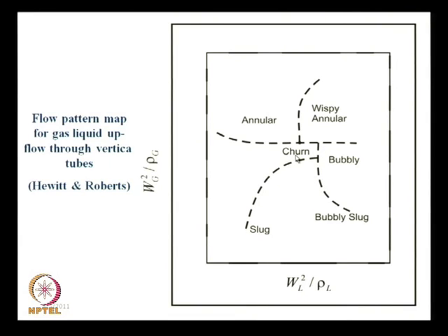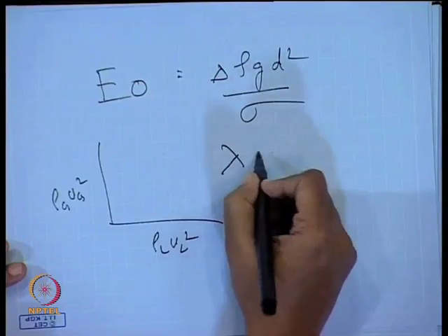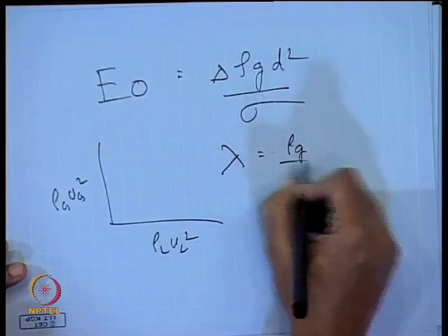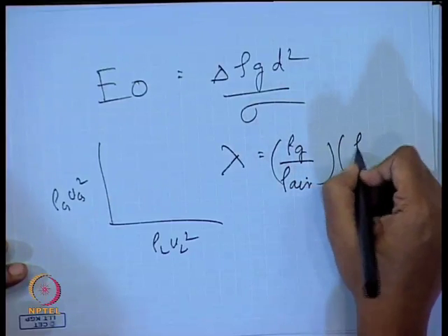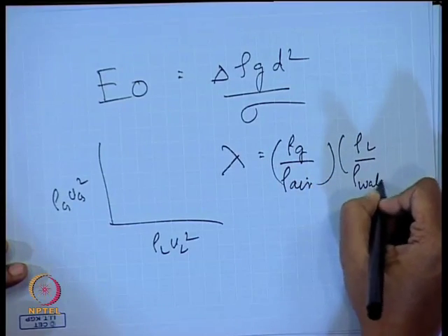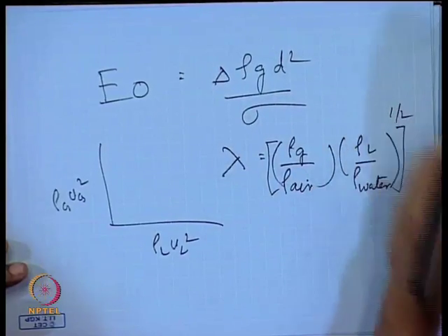That is why these curves are shown as dotted lines. Similarly, for the horizontal flow cases, the map given by Baker uses W g by lambda, W L psi etc., where lambda and psi are just ratios of properties. Lambda is given as rho g by rho air, you will get it in any standard textbook, this is not very important, times rho liquid by rho water, the whole to the power half.